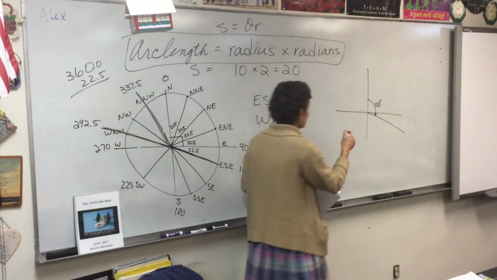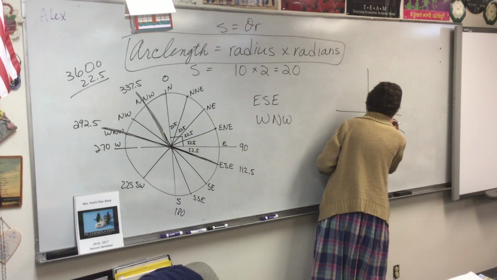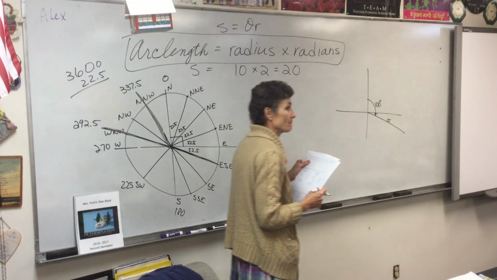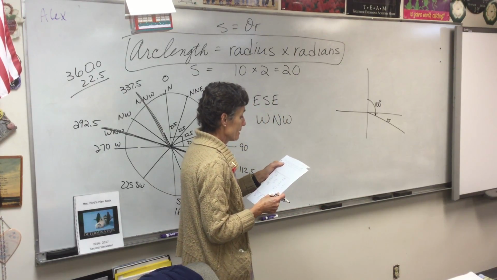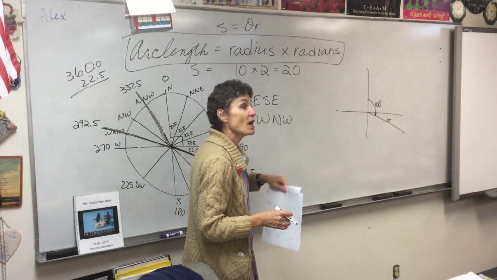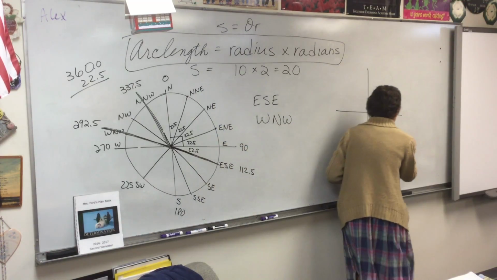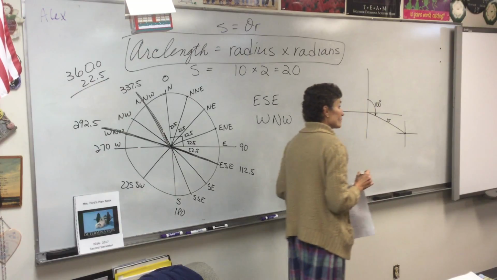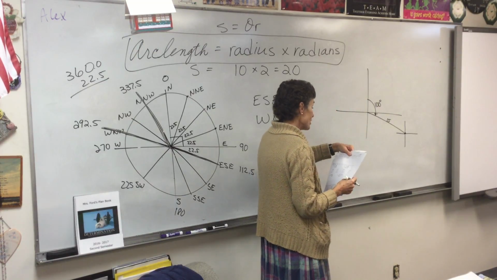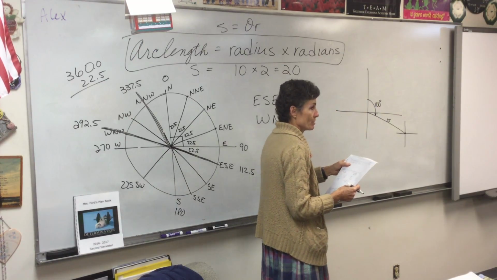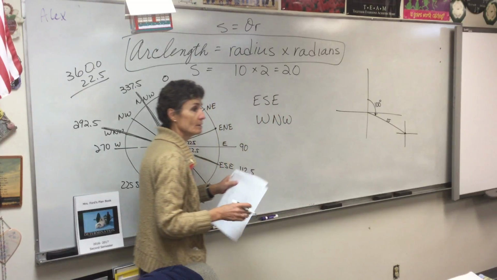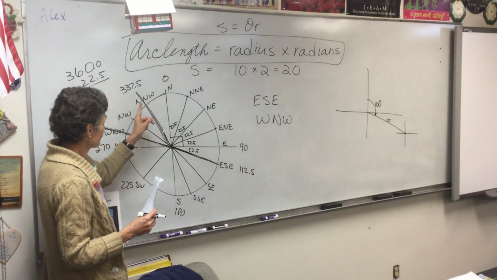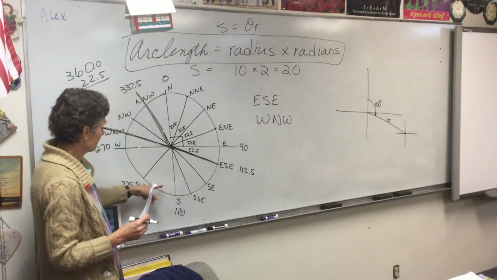And he traveled 15 miles. So I'm going to make that a 15. 15 miles. Now he changes course. So now he's here. I'm going to put another compass here. And it says he goes on a course of 200 degrees. All right, now wait. 200 degrees would be where?